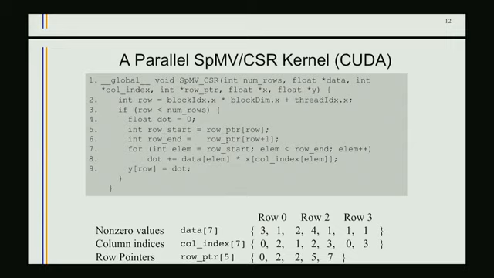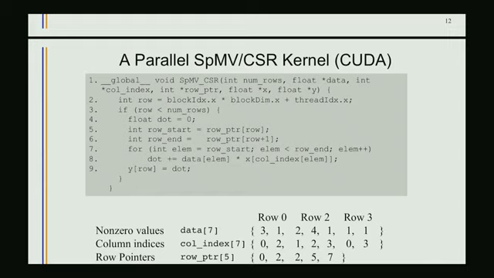Then I set up to do the dot product. Row start is row pointer at row. It's telling me the starting point for my row vector in the matrix A. Row end is row pointer at row plus 1. It's the next element, and it's telling me when I should stop.